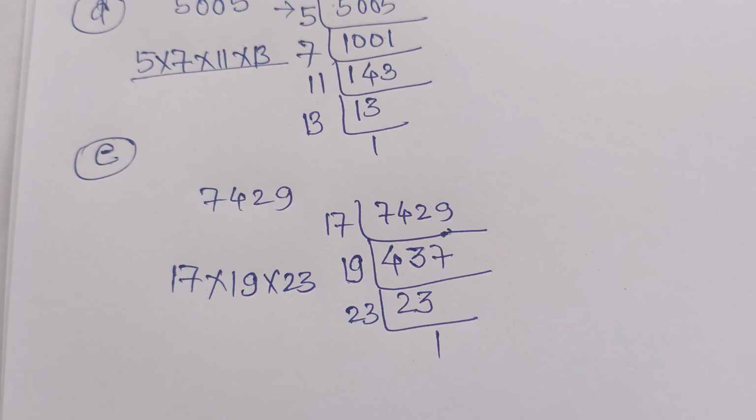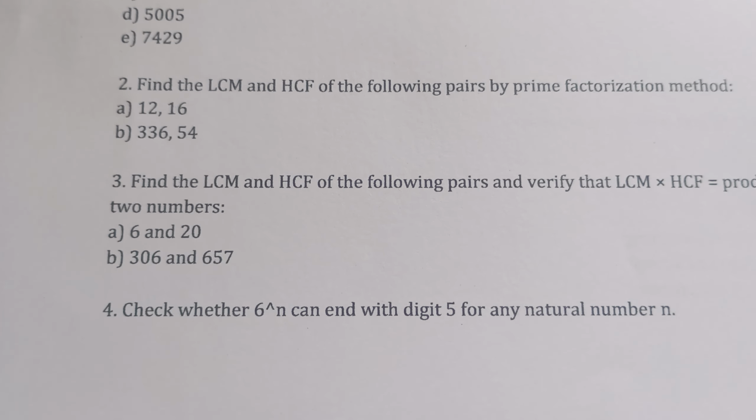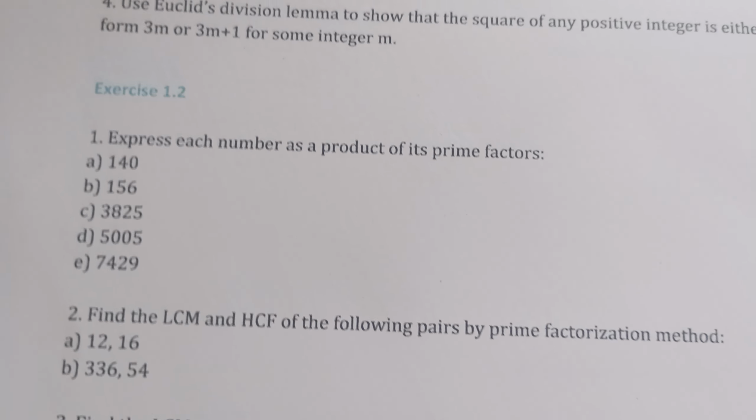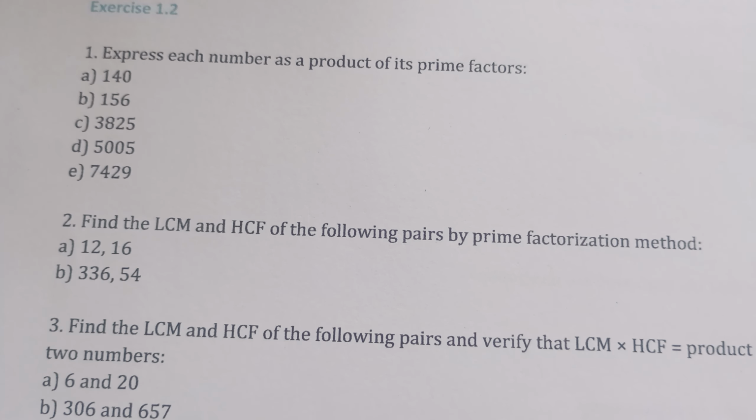Now we have the second question. What is the second question we have? Find the LCM and HCF of the following pairs by prime factorization method. The first question, 2A, we have 12 and 16. They are asking to find the LCM and HCF of the following pairs by prime factorization method.